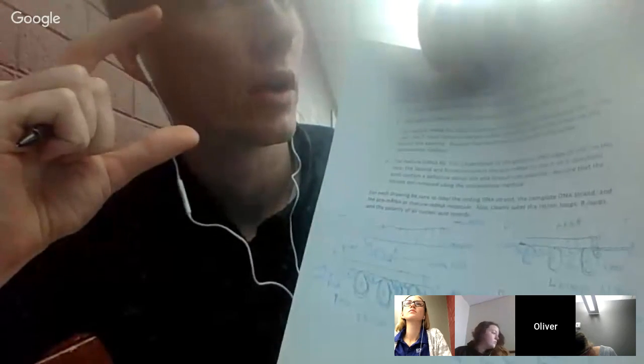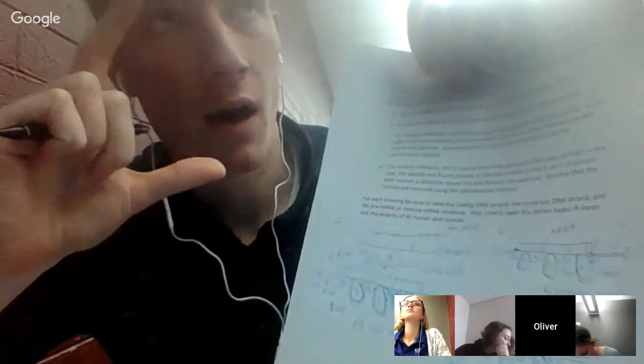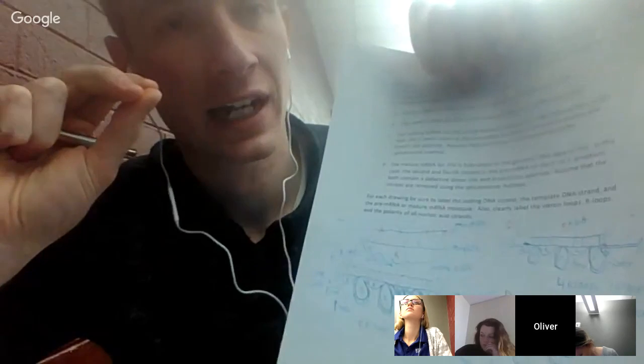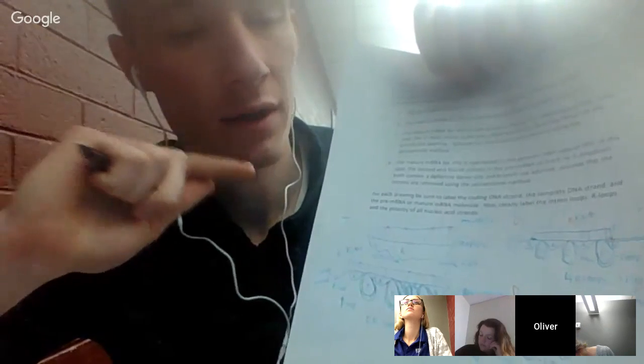An R loop is formed when you have an RNA or mRNA binding to the template strand of DNA, which causes the other strand of DNA to be unable to bind. So there's a loop out there.